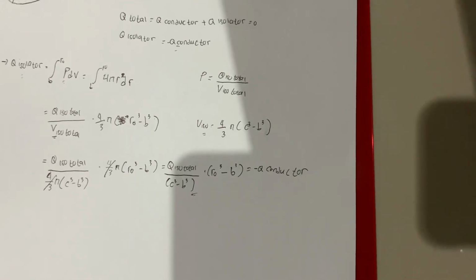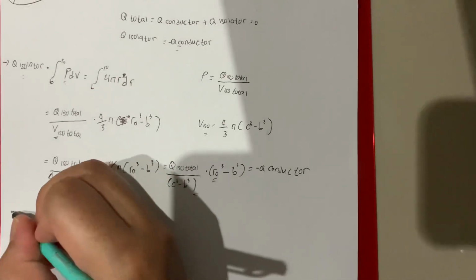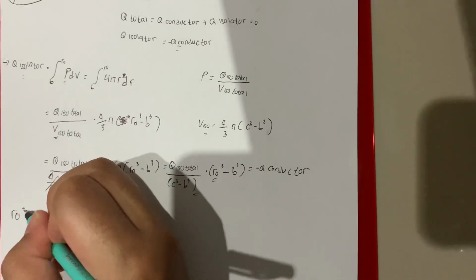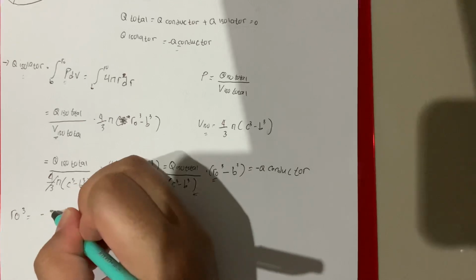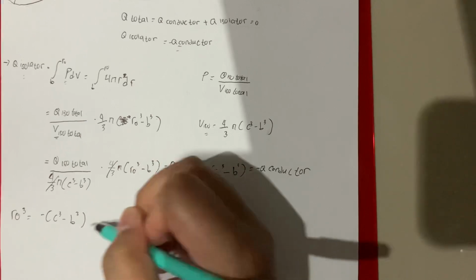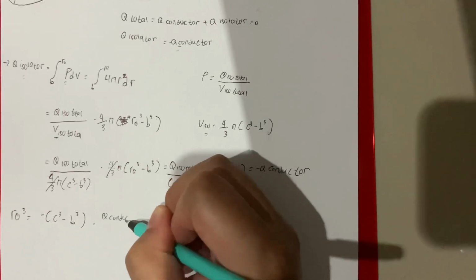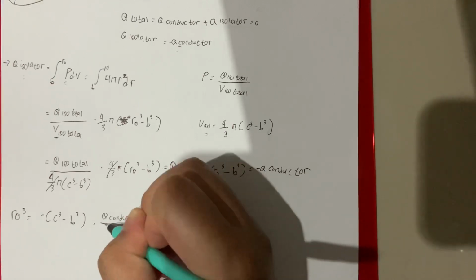After that, we're going to find the r0 cubic. We put r0 cubic on the left side, and the equation becomes minus c cubic minus b cubic times Q conductor, divided by Q isolator, plus b cubic.